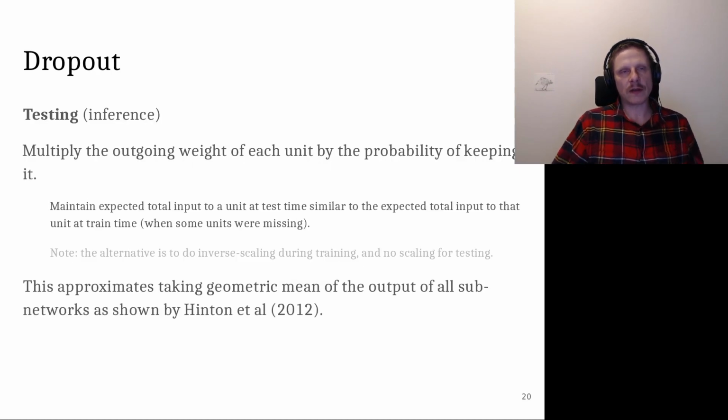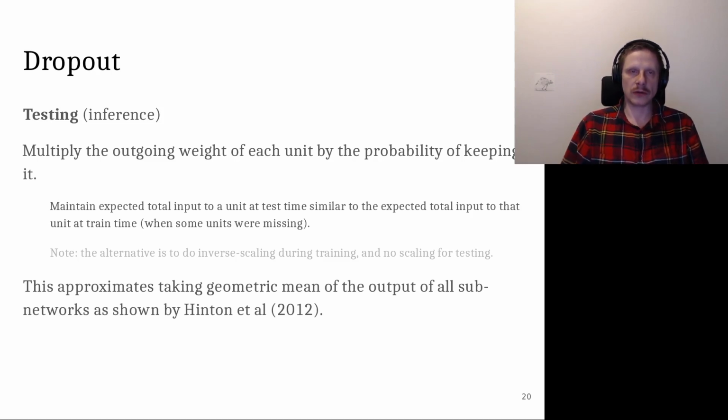And so once we have trained the network using this approach, we will then also need to adjust the way that we apply the network on new inputs, so during testing, also called inference. What we will do is multiply the outgoing weight of each unit by the probability of keeping this unit, so p hidden or p input, depending on the unit that we're talking about.